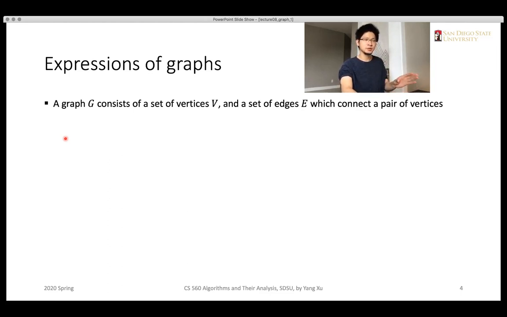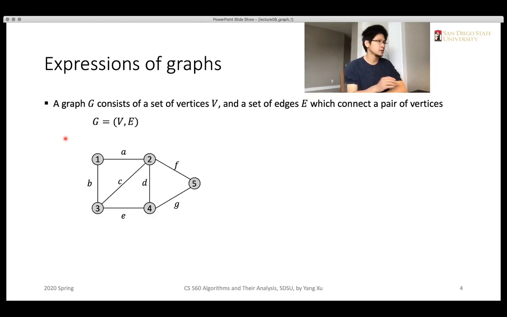That is to say, two vertices at the two ends of one edge. So altogether we can say that G is parenthesis V and E. We can use this compact way to represent the graph G, saying that all the vertices in G are contained in V, and all the edges are contained in capital E.